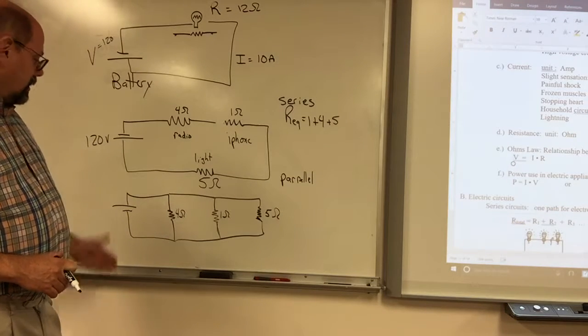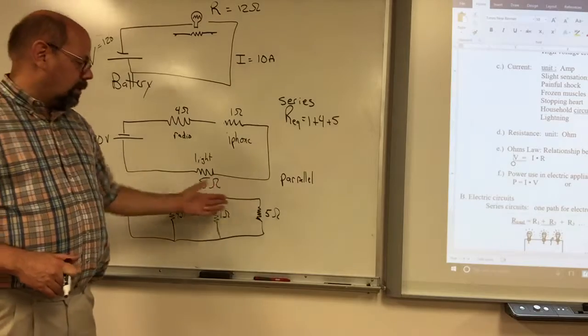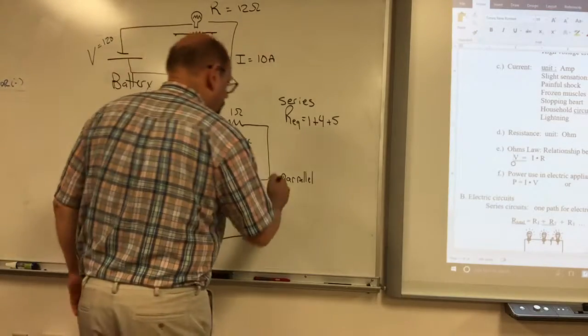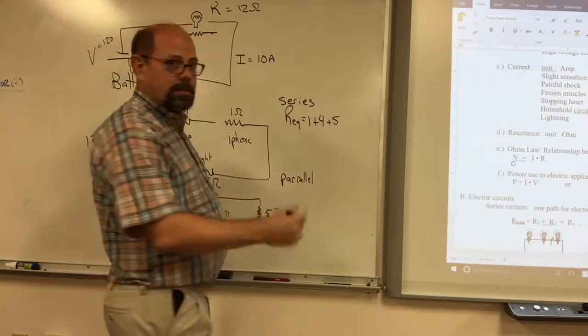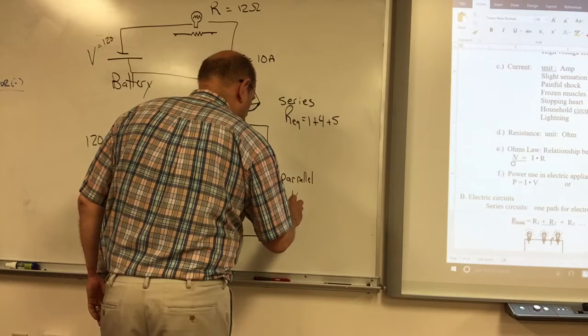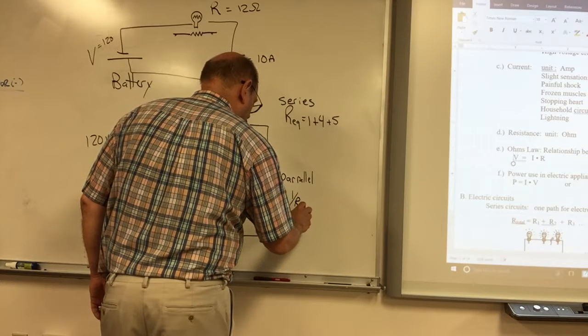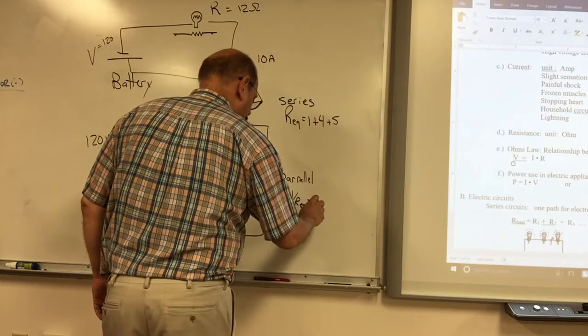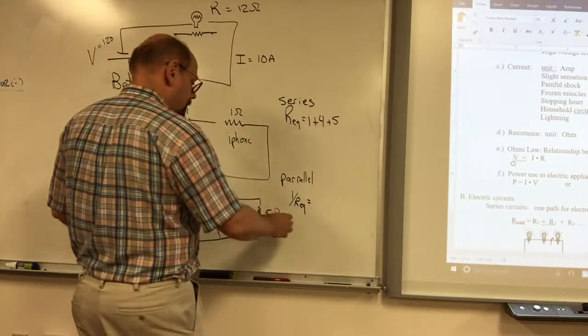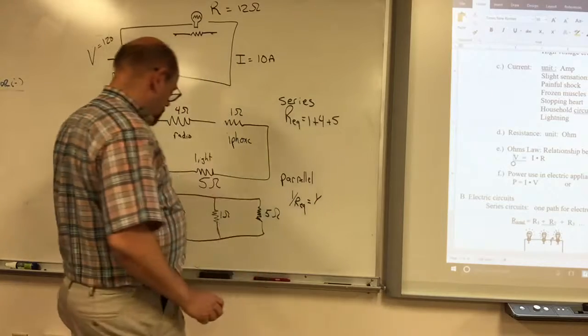Now, the relationship for the equivalent resistor in parallel circuits is actually a little more complex than the previous one. We just saw that you add up all the resistances and you get a total resistance for the circuit. But in a parallel circuit, it comes out a little different: the equivalent is actually the inverse, or the upside down fraction, of the sum of all the inverses of the resistances.